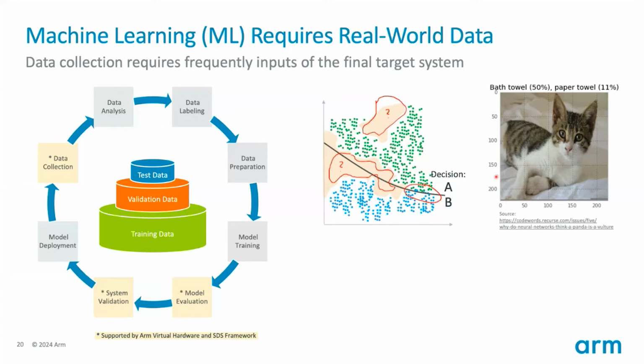Here's a funny example. If the model is not trained correctly, it could say that this picture, which for us is very obviously a cat, is a bath towel, I think, because there's lots of white stuff in here, or maybe a paper towel, but not a cat. If you have these blind spots with no training data or not good enough training data, then such things can happen.